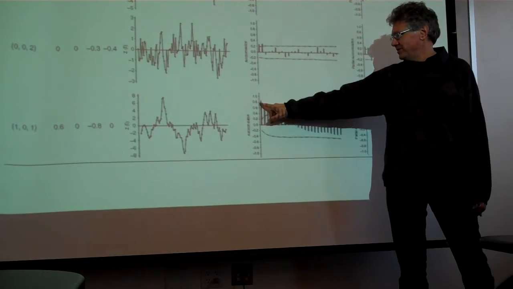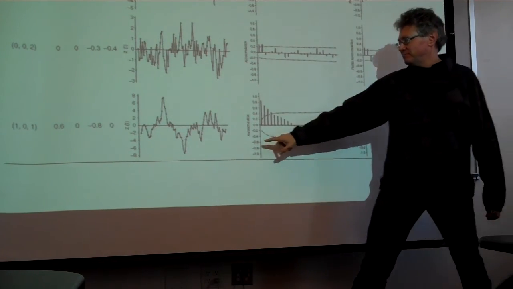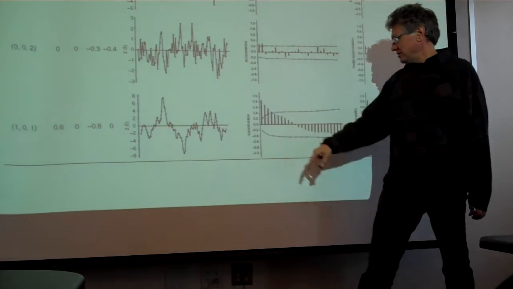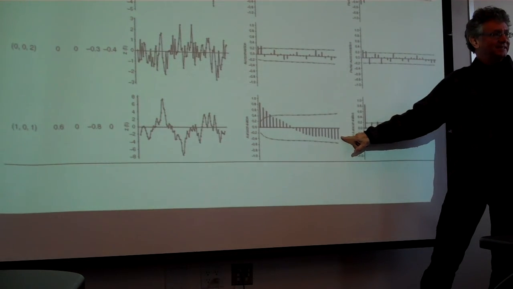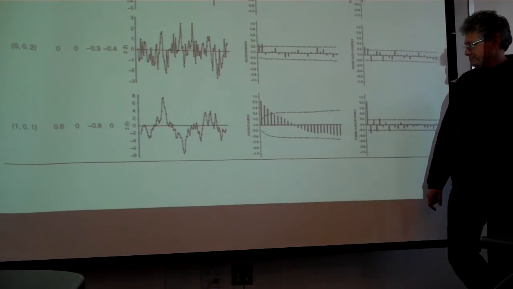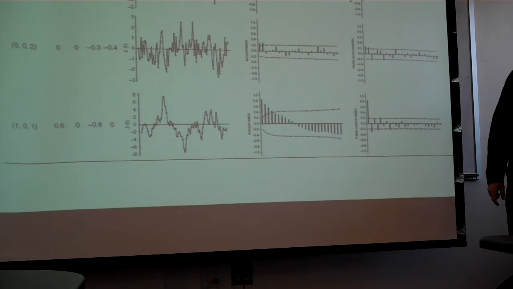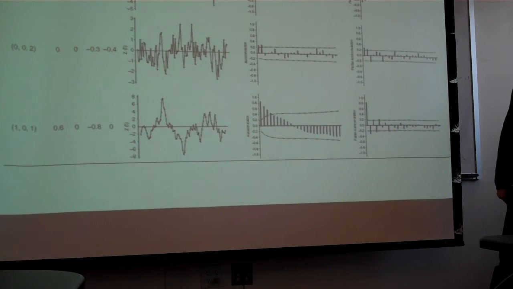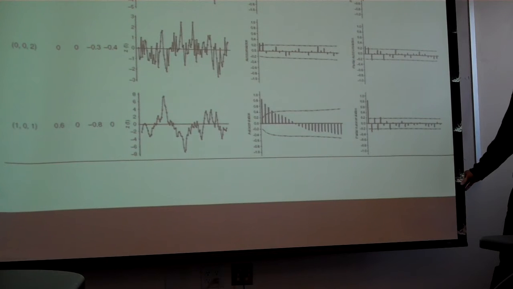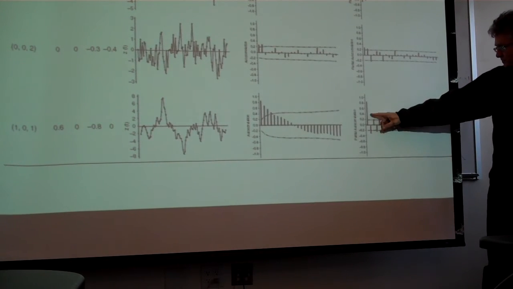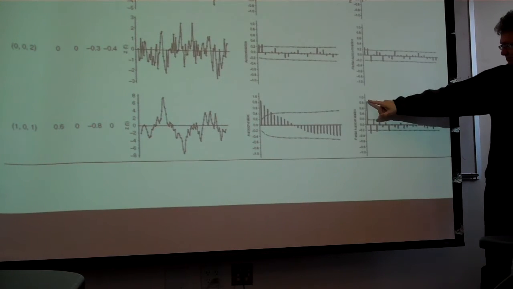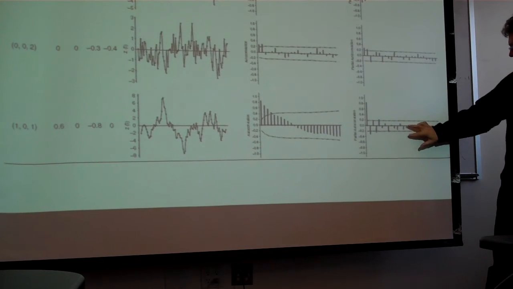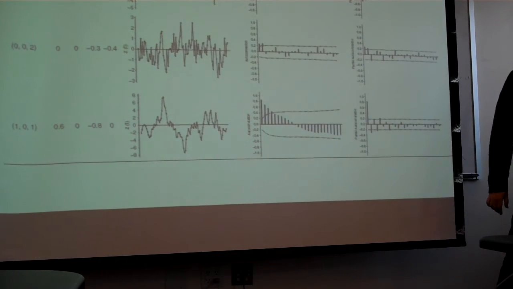This is for a process that seems to wander around a bit like that. This is the kind of pattern we often see in the ACF. And here it sort of oscillates back and forth with a period of two, but it is still sort of gradually decaying.